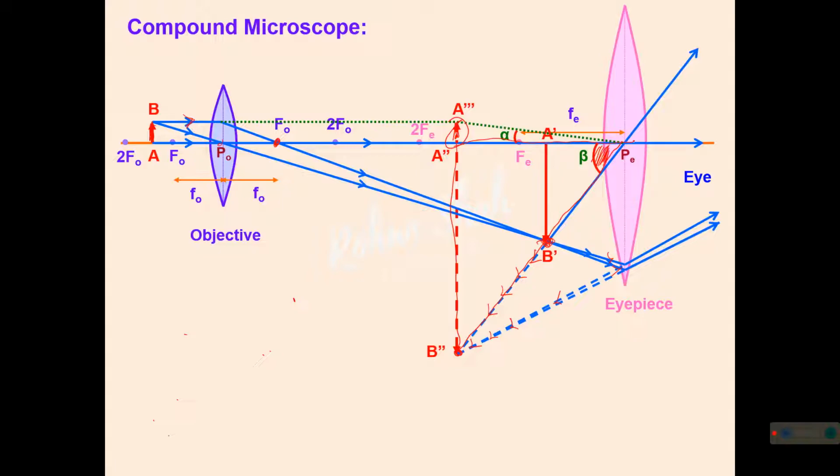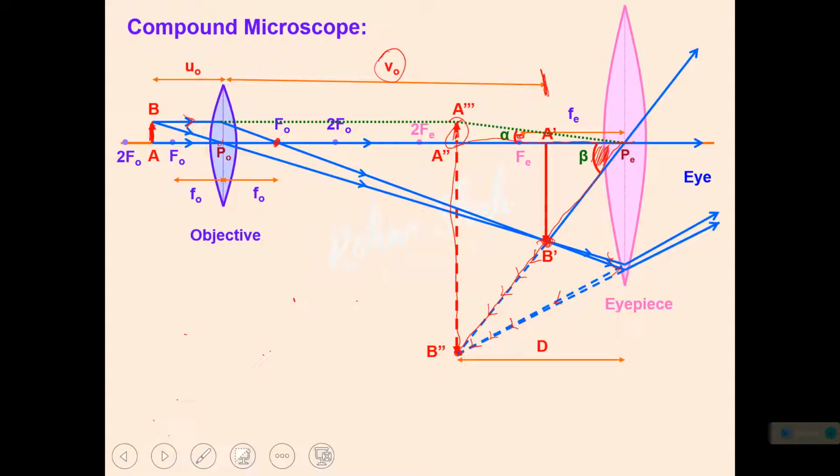And this one is the angle formed by the object. Right? Okay. This is the object distance UO. This is the image distance VO with respect to the objective. The objective formed the image here. So this should be the image distance VO. This is the D, that is least distance of distinct vision, where our image should be formed.